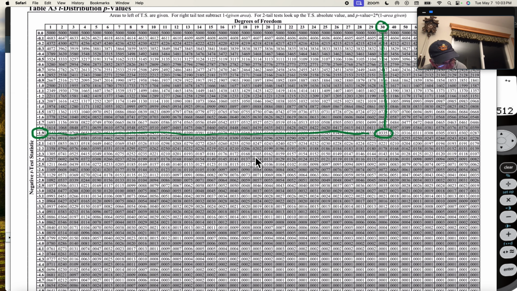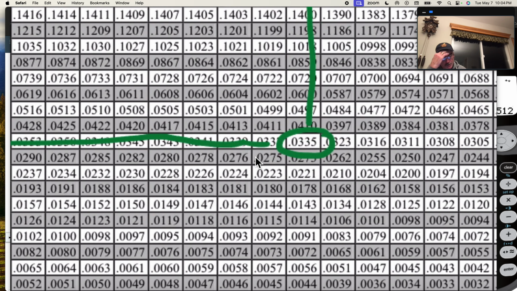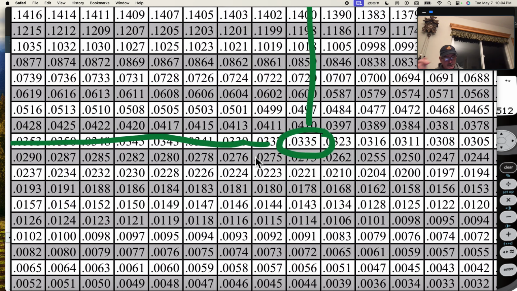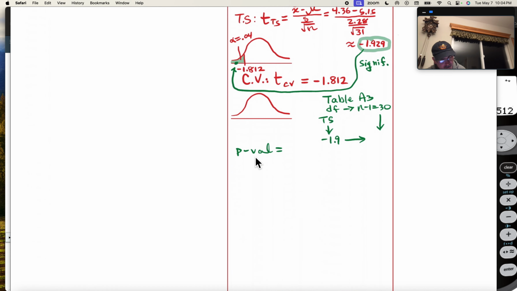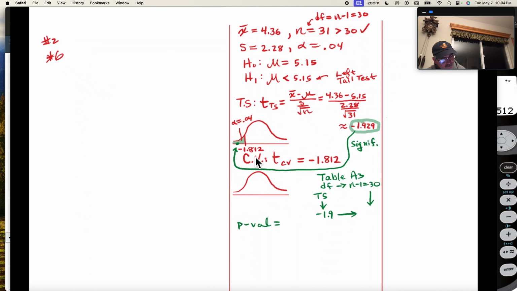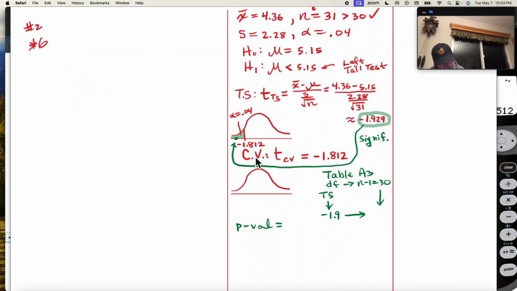So for that p-value, we're going to use 0.0335. Don't forget it. I'm mostly talking to myself. 0.0335. And that represents that area to the left.